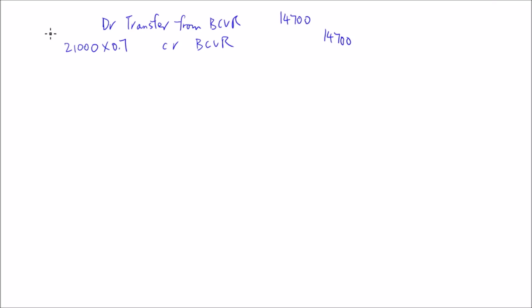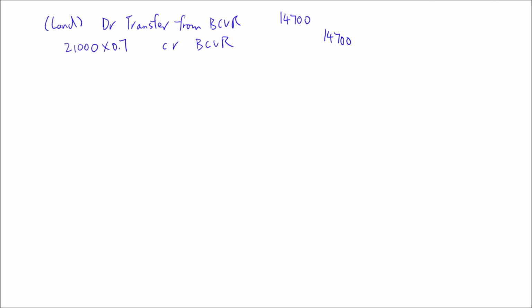So we've got to debit transfer from BCVR and credit BCVR. And the amount equals to $21,000, which is the original, and then we want 70% of that, which is 14,700. And remember, this particular entry is about the BCVR related to land. So that's one of the possibilities.